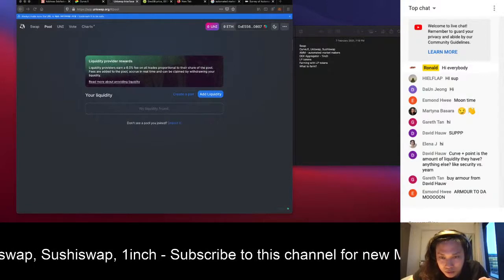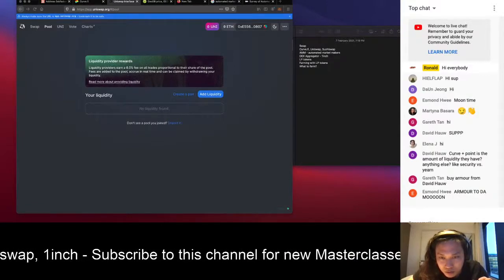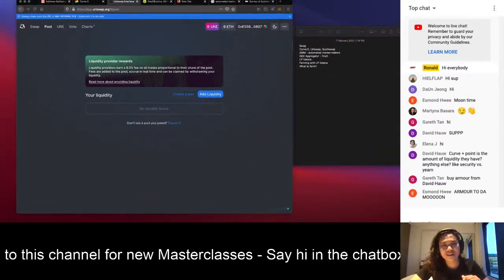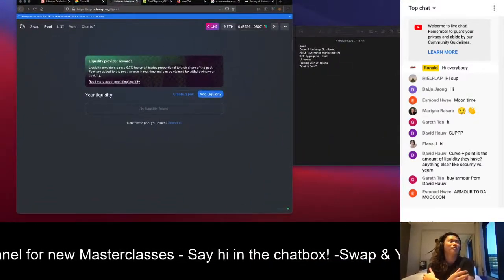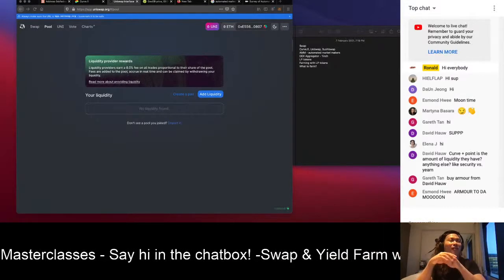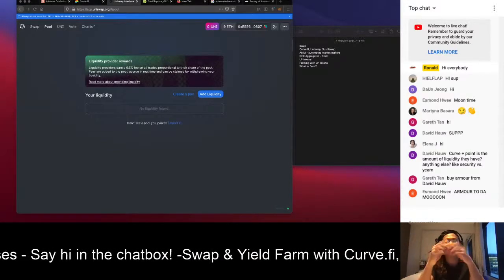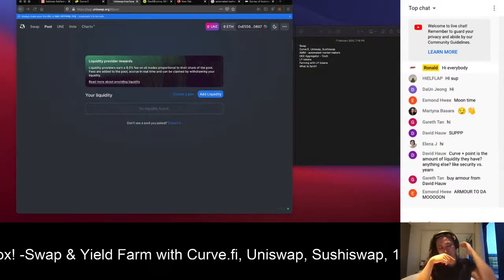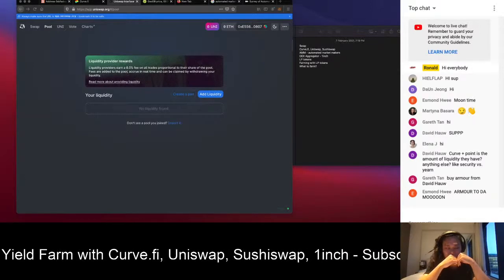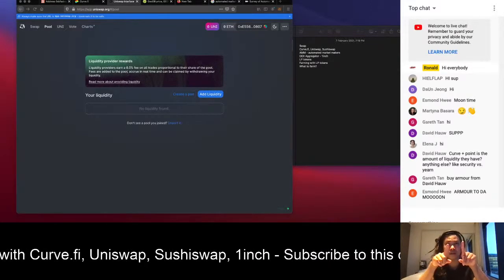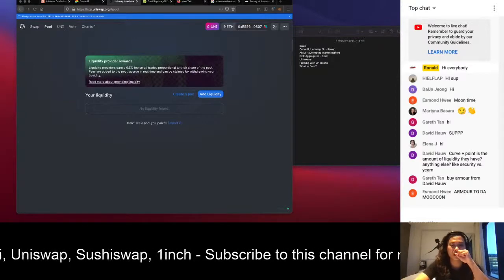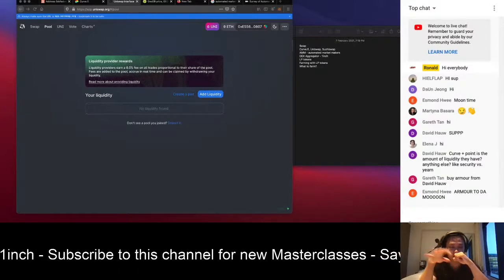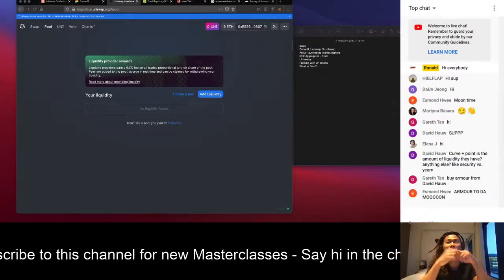Curve plus point is the amount of liquidity they have. Anything else, like security versus Yearn? Yeah, Curve has been pretty safe. In fact, every time some people get hacked, they usually use Curve to switch the tokens. So, for example, the Yearn DAI exploit that happened this week, I think about $11 million got drained, and out of that, 3.5 million ended up in Curve because they used Curve to do the swapping.